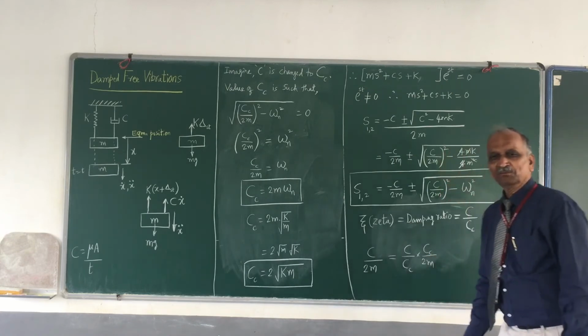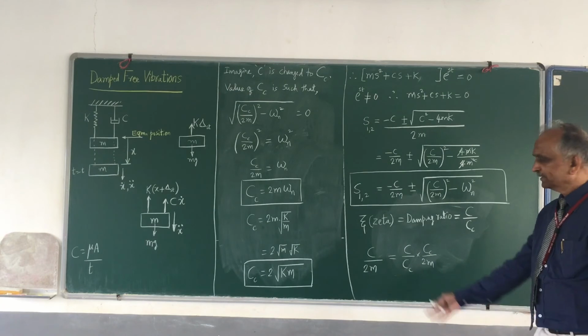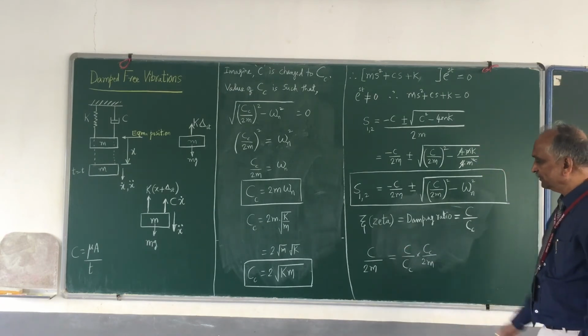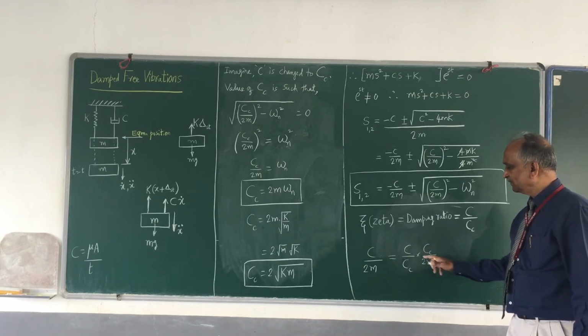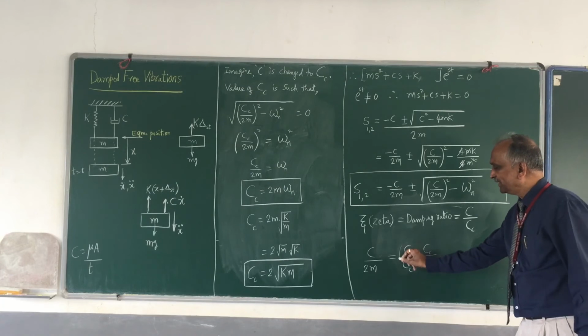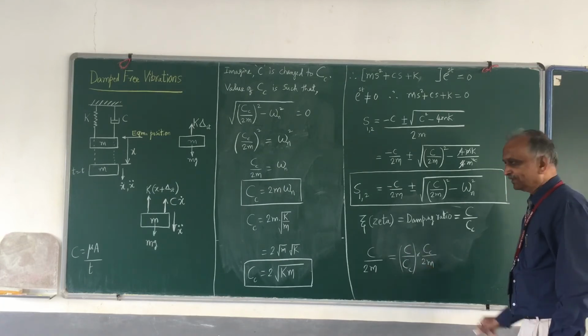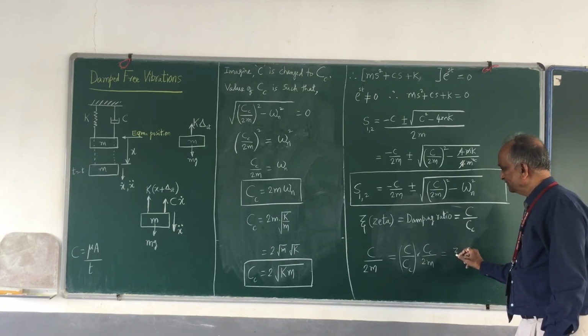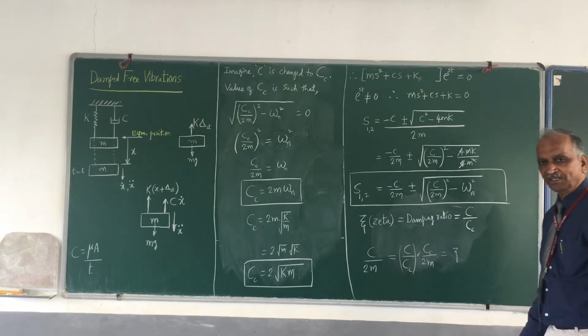Nothing else. Multiply and divide this term by Cc; numerator and denominator Cc cancels, and what is remaining is C by 2m only. So what is C by Cc? C by Cc is zeta.